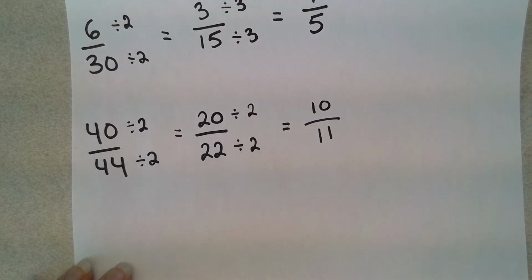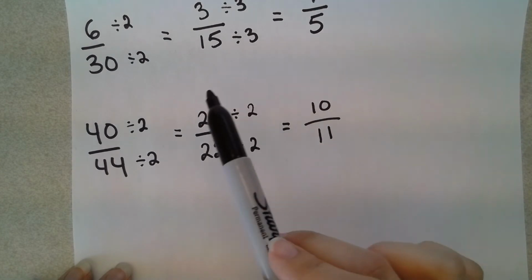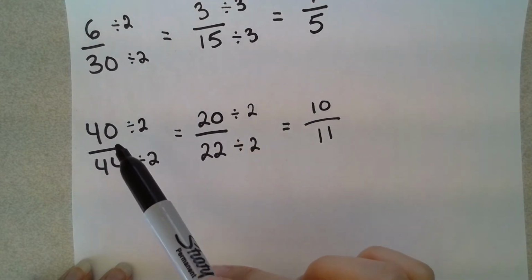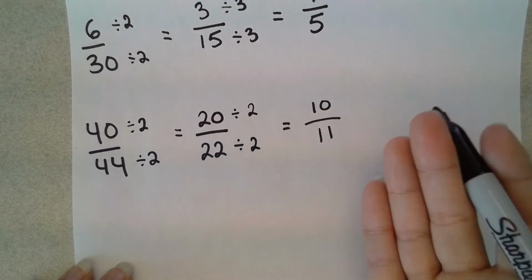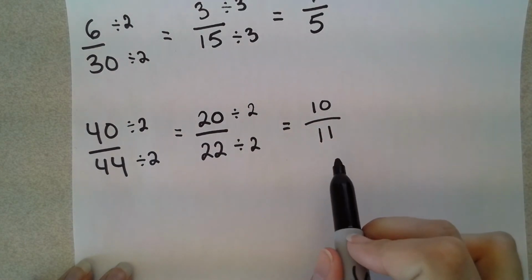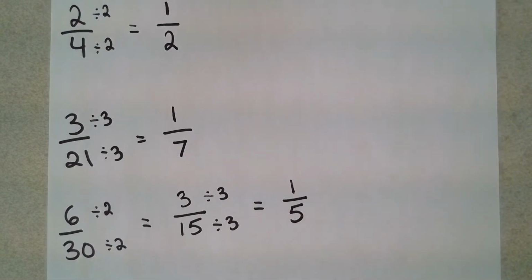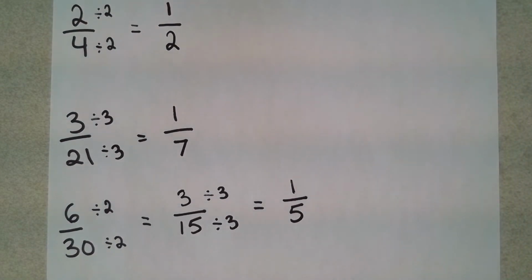All right, so again, it's just skipping that middle step if you find the highest number possible to go into both of these numbers. But it doesn't matter how many steps you do, as long as you get the right answer in the end. Now, another method that you can use is called the guess and check method.